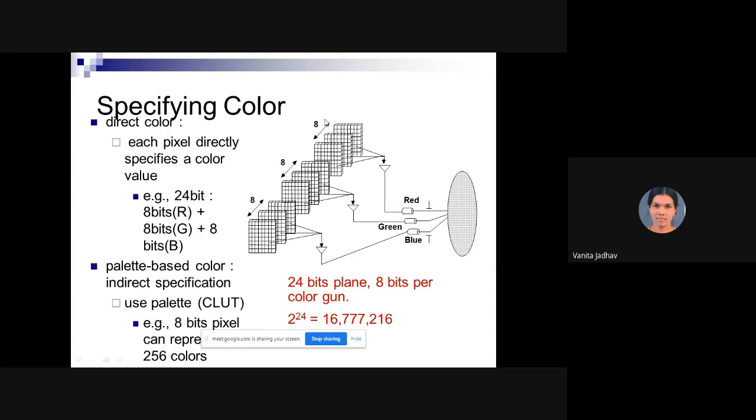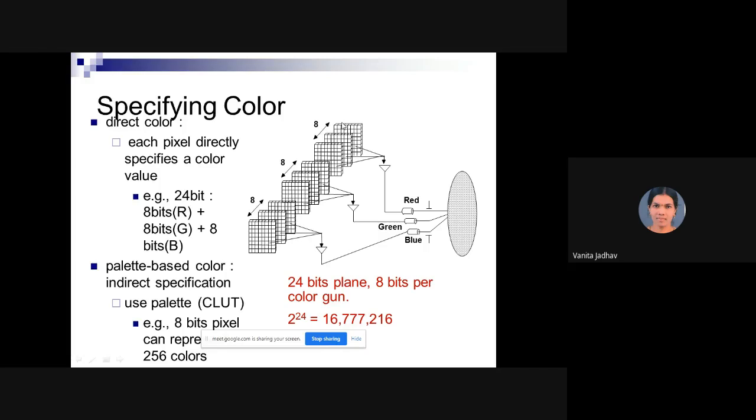The red gun has a total of 8 bits, so 8 planes are there, and each plane stores 1 bit. Like that, 8 planes store 8 bits. Whatever pixel I am showing with the cursor, this is nothing but the corner pixel. So this corner pixel shows the color. Color bits are stored over here.